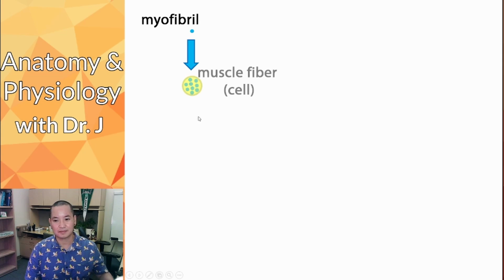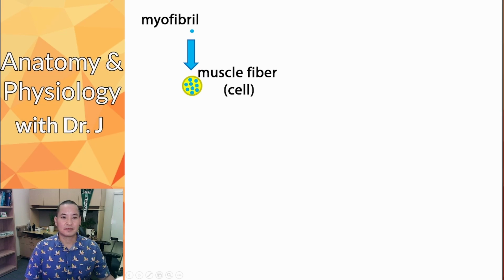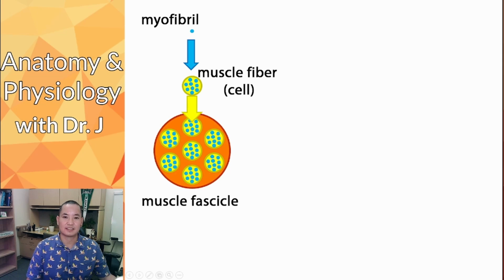So again, multiple layers of organization, all these cylindrical, fiber-like structures stacked into bigger and bigger bundles, and then we finally have a typical skeletal muscle. Myofibrils are protein complexes stacked inside these muscle fibers, or myofibers, muscle cells. When you have a group of muscle cells organized in one perimysium, you get a muscle fascicle.